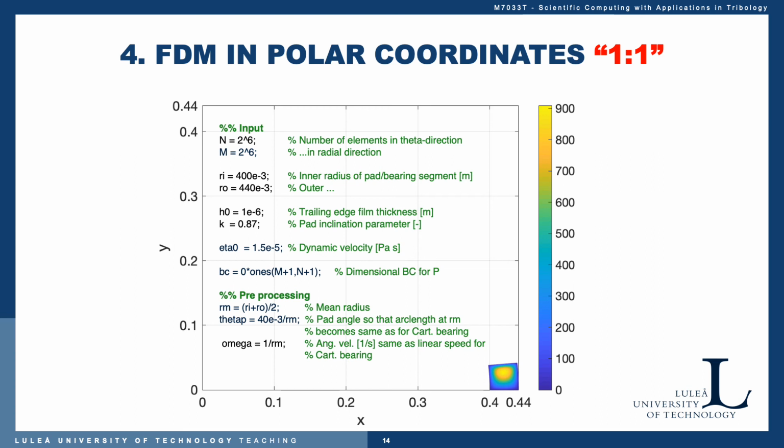It will be more or less linear in the y direction, and we have obtained that by, as I said, changing the angular velocity omega here in proportion to the mean radius, which increases all the time as we increase the inner radius. Otherwise, things are the same as before.